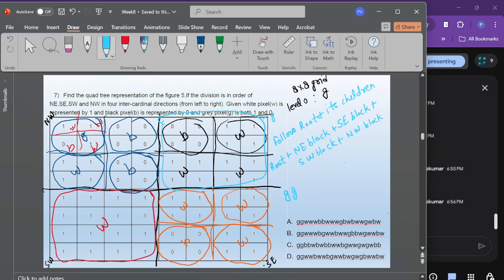Then what are the different children there? This one G, the NW block's sub-children, that is W W W B, right? So W W W B. Now the NW block has been completed. Now we will move to the SE block, right? SE block. So what is the 4 cross 4 grid of that one?